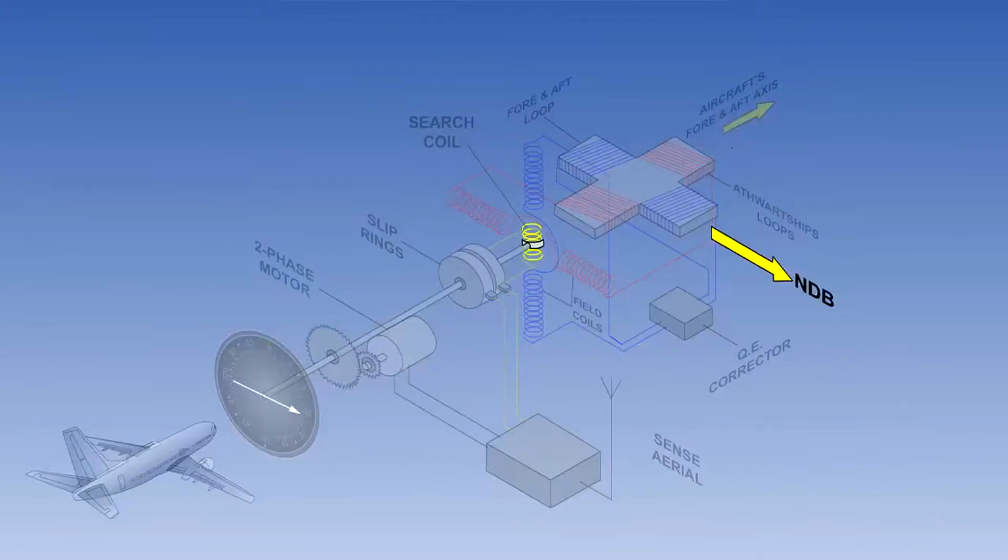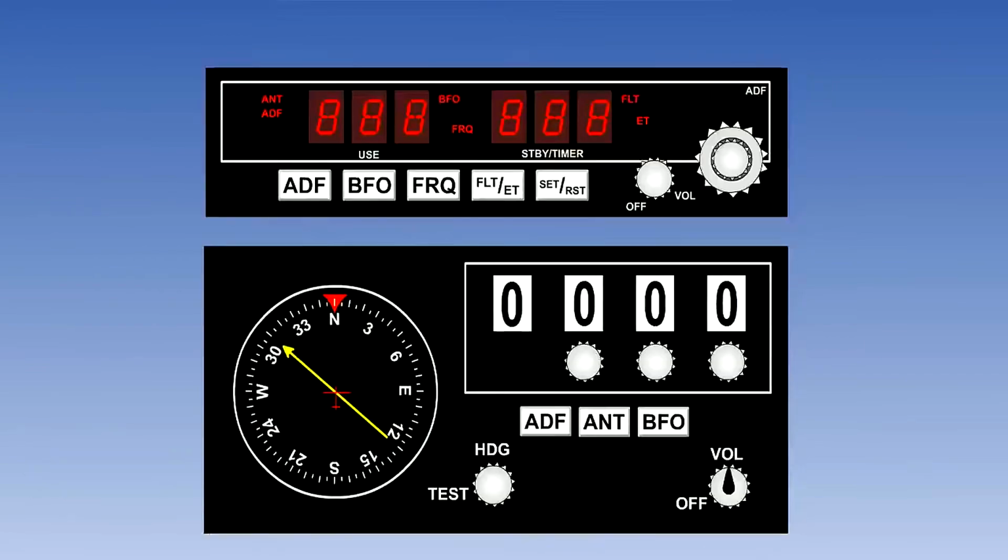The shaft, which at one end turns the search coil, at the other end turns the needle on the ADF display in the cockpit. Here, we see 2 modern ADF control panels made by Bendix King. The one without the dial is digital, but they both operate in the same way.